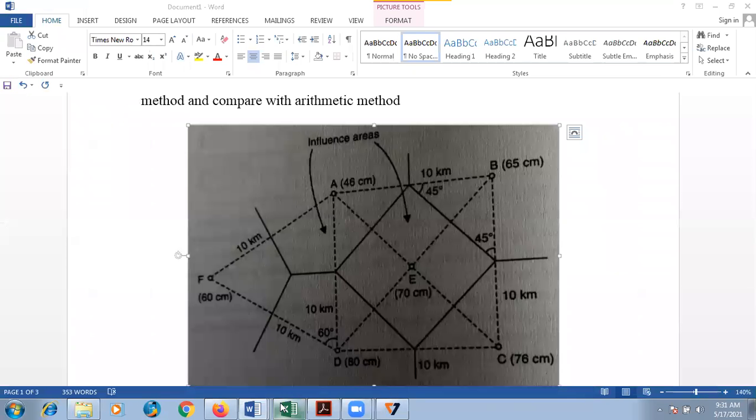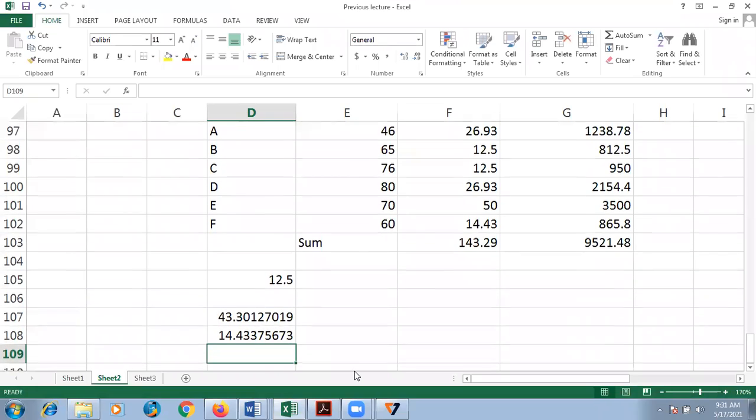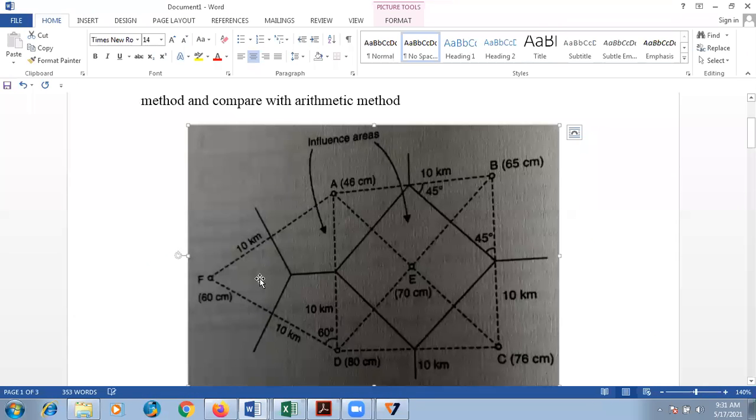Once you have the area of the equilateral triangle, there are three parts to this: 1, 2, and 3. Therefore, 1/3 of this area is equal to this divided by 3. So each part of the equilateral triangle is 14.43 square kilometer. This is 14.43, this is 14.43, this is 14.43.